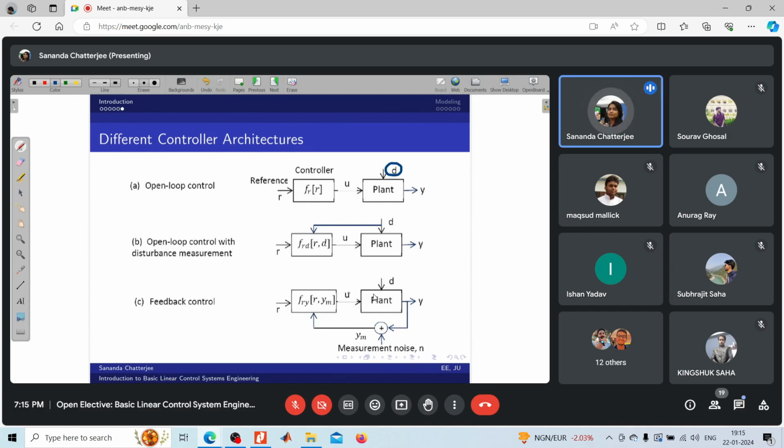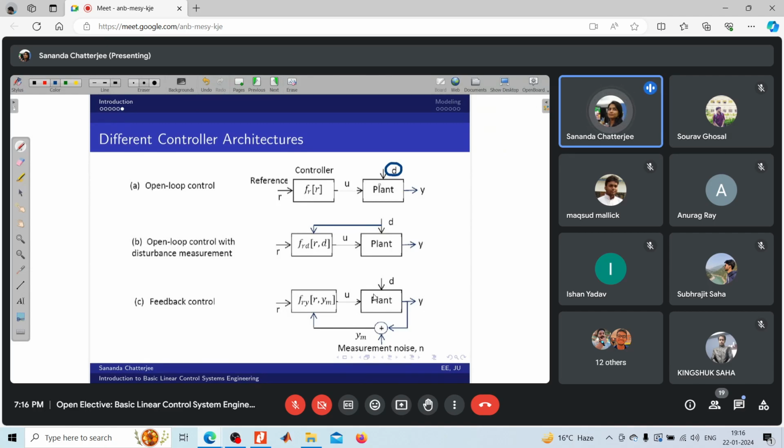So in the discussion of controller design, what is the basic idea for controller design in this course? Everywhere we have used this block, the plant. That means we are interested in controlling this block. We have taken that the plant could be a chemical or industrial process, a mechanical system, a thermal system, or some data driven system.